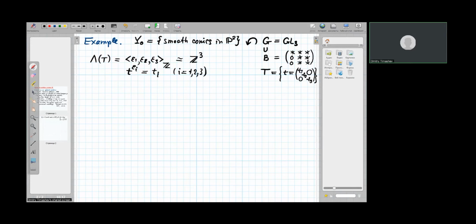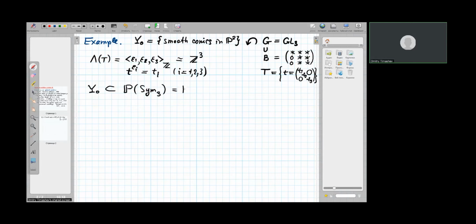My aim is to compute the color data of this spherical homogeneous space and of some of its compactifications. There is a natural compactification of the variety of smooth conics, the projective space of all conics in the projective plane. Let me recall that the space of smooth conics can be embedded in the space of all conics, which is just the projectivization of the space of symmetric 3x3 matrices.